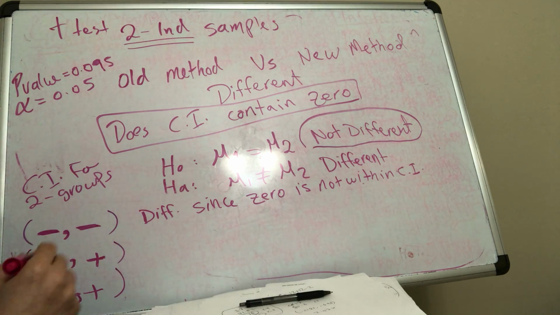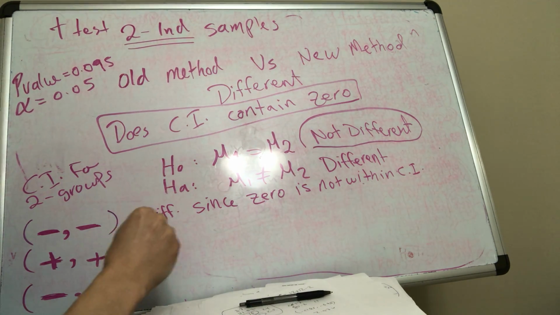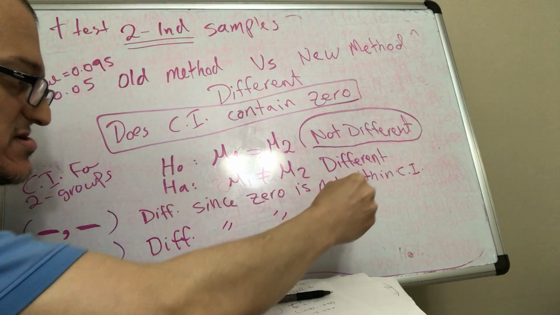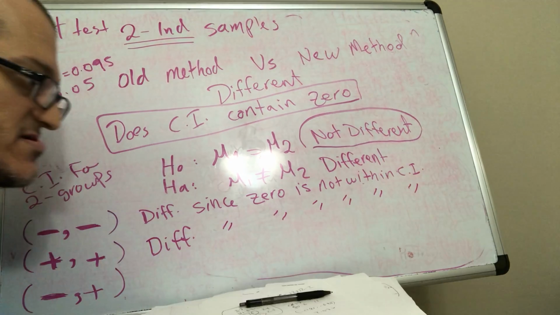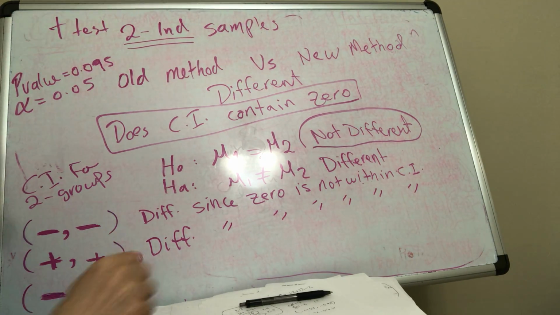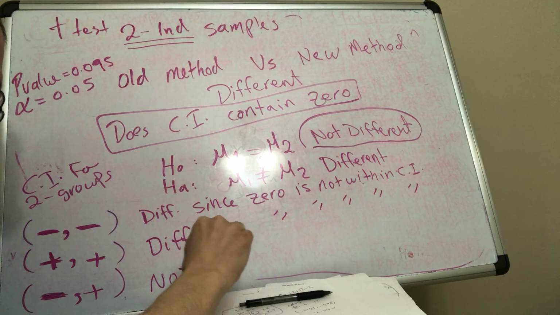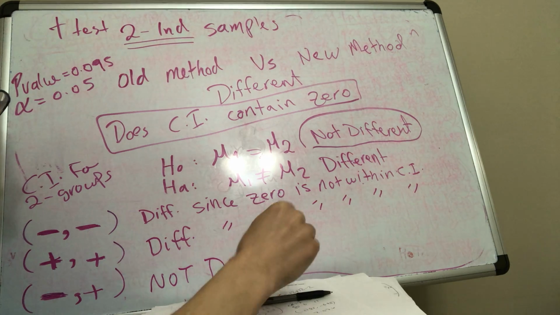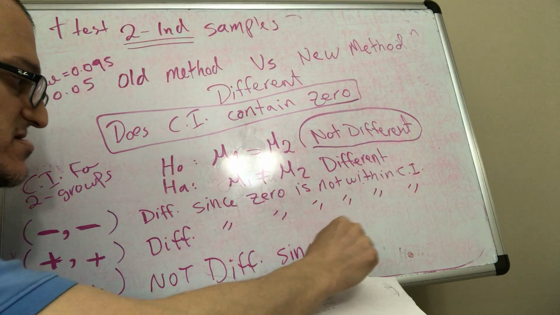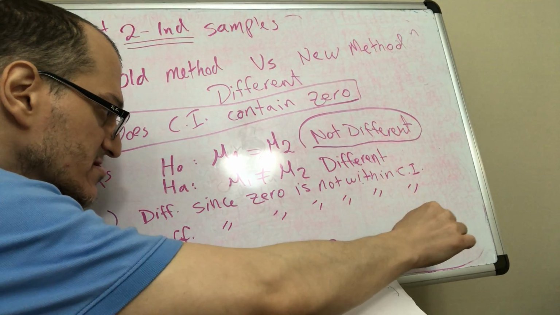When you're between two positive numbers, again, no 0. Different, since 0 is not within the confidence interval. But when you're between negative and positive, that's the only time you're not different, meaning that it could be the same, since 0 is within the confidence interval.